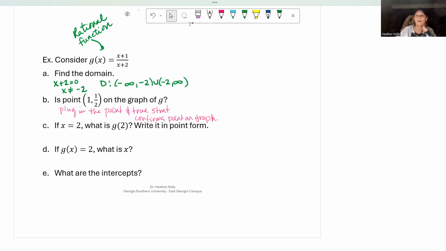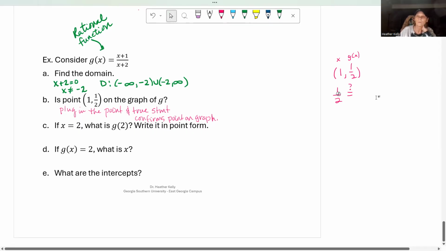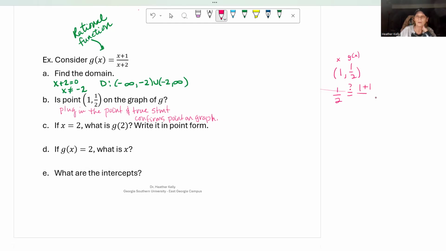Okay, so we want to know, is this the case? And we've got the point (1, 1/2). Remember that this is the x guy and this is the g of x guy. So we want to know, is 1/2 equal to 1 plus 1 over 1 plus 2?